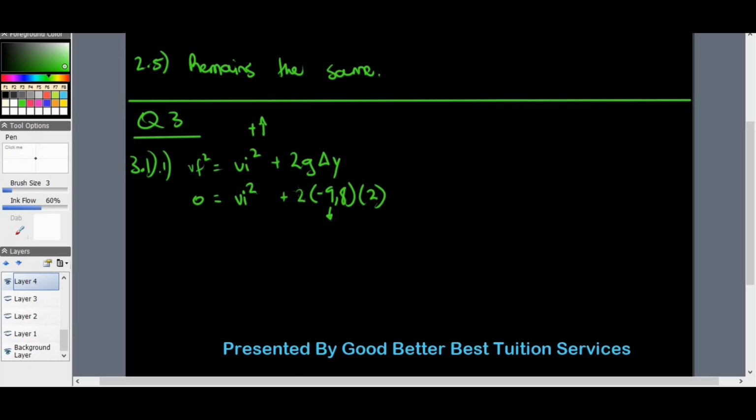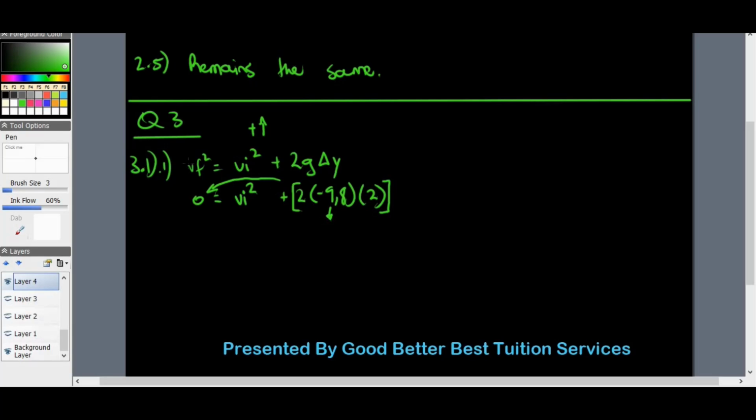Right, so we can solve this all in on our calculator. Okay, we'll get a negative answer. We will move this all the way over to the left hand side, and then we will square root. Alright, we will square root the answer of 2 times negative 9.8 times 2.